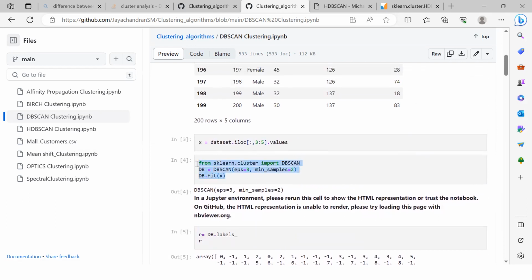So this is the DBSCAN algorithm. As I told you, I gave the epsilon value as 3, and the minimum samples in this example I gave 2, because within that circle I wanted to identify a bare minimum of 2 data points using which I would be able to create a cluster.